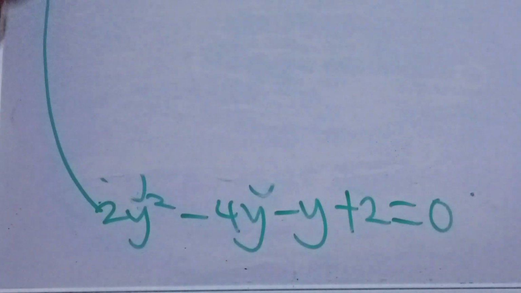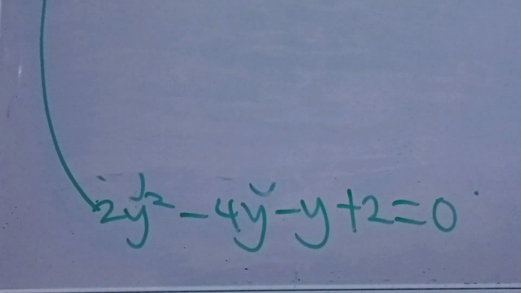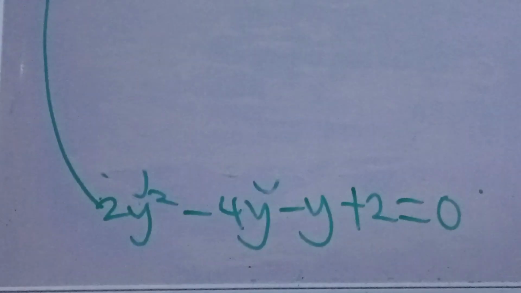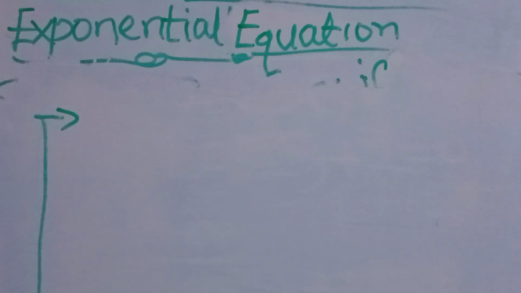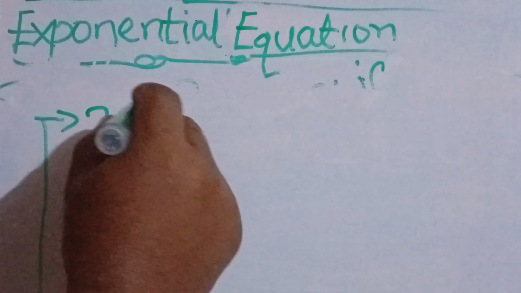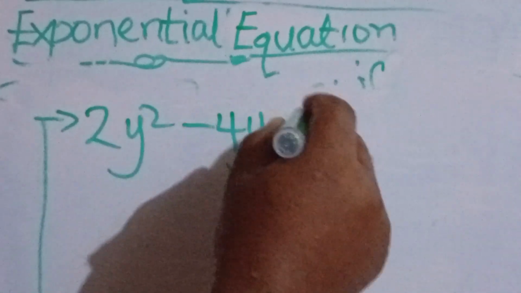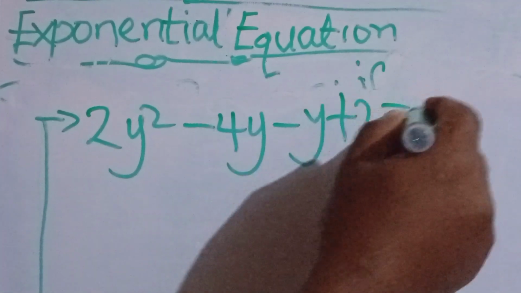Now from here we are going up. 2y squared minus 4y minus y plus 2 equals 0.